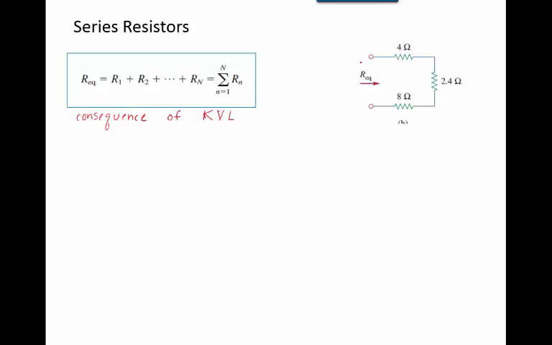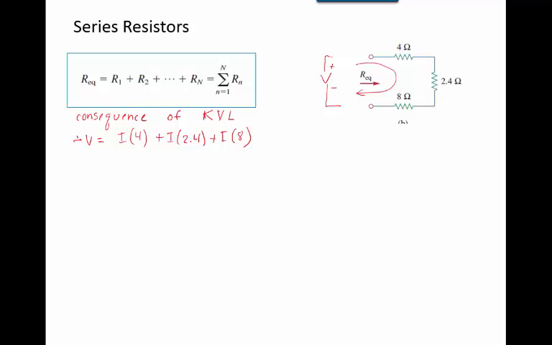If I apply Kirchhoff's voltage law around this loop right now, I would say minus V equals I times 4 plus I times 2.4 plus I times 8.